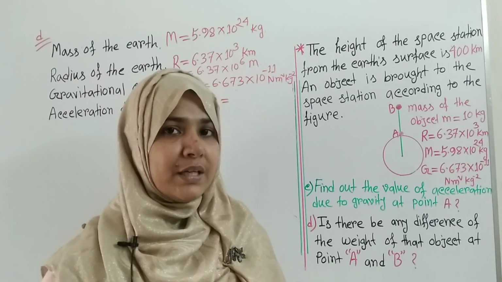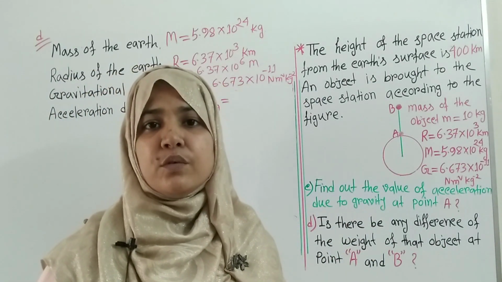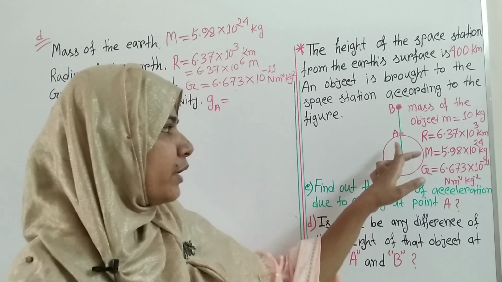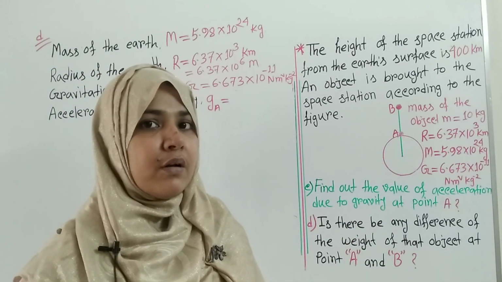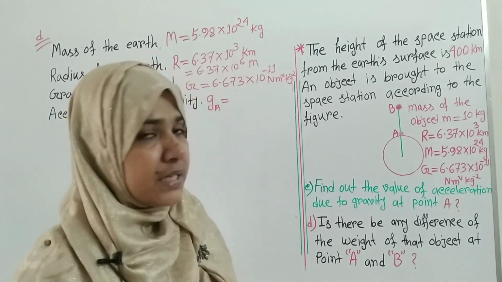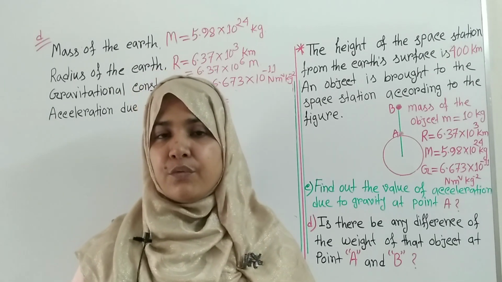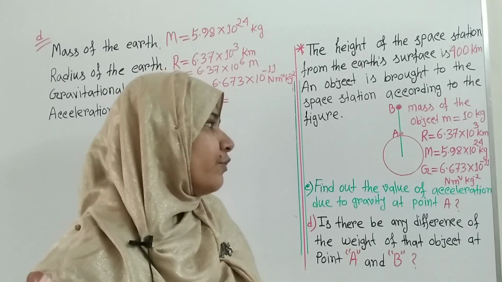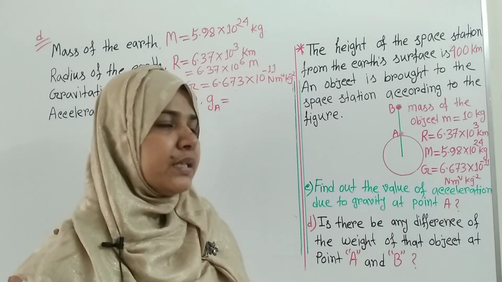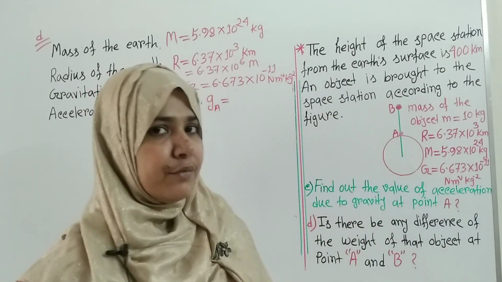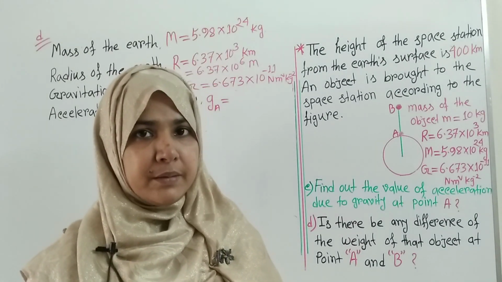So, to calculate the weight for point A and B, we have to know the value of acceleration due to gravity at point A and point B. In question C, we have already calculated the value at point A. So, firstly we have to calculate the acceleration due to gravity at point B. Then we can easily calculate the weight at point A and point B.